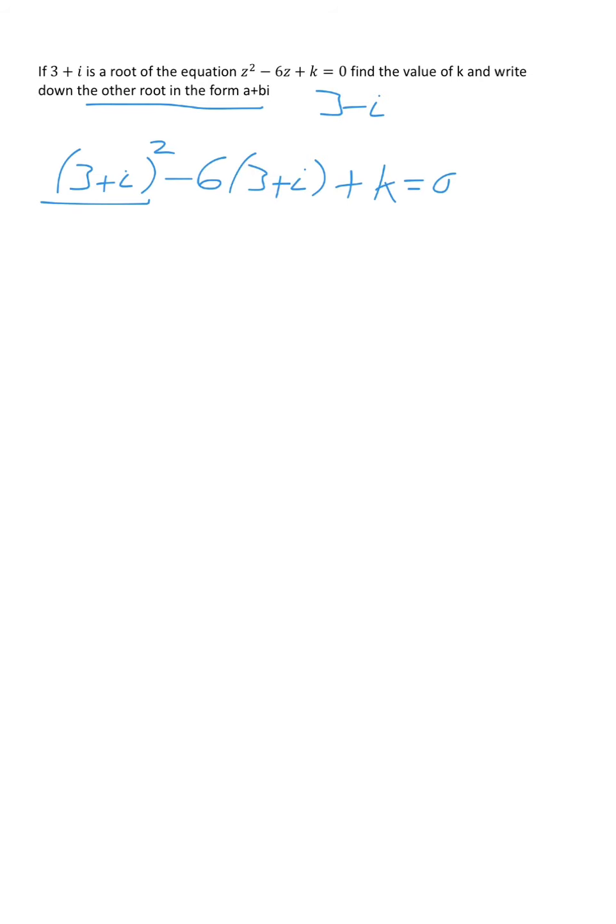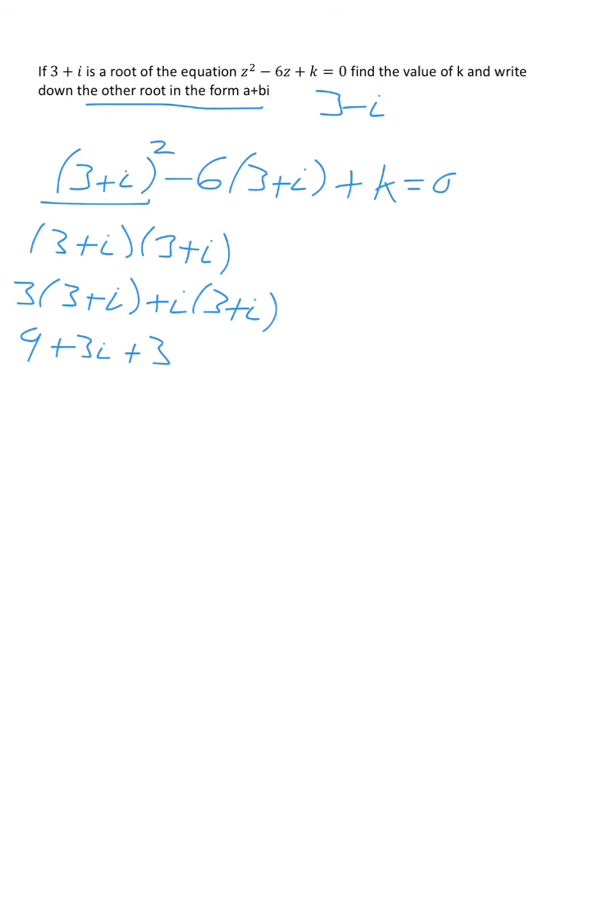Okay, let's expand this. 3 plus i times 3 plus i. So 3 times 3 is 9. 3 times i is 3i. Then i times 3 is 3i, plus i squared. Be careful of the i squared.